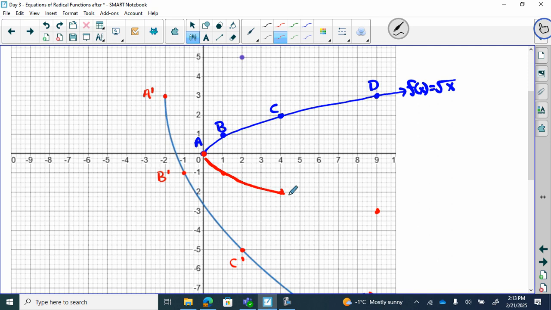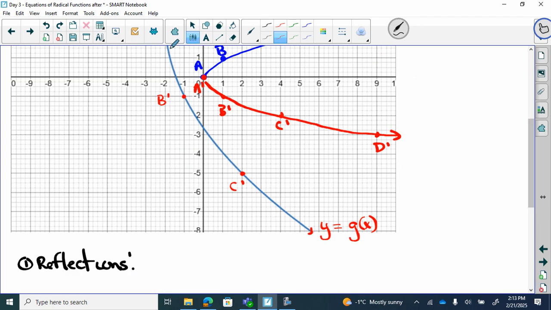Now, just have a look at the transformed curve. So A prime, B prime, C prime, and D prime. Does it look kind of like that? Does my transformed curve point down and to the right? Yes, it does. So you were correct in saying it was reflected in the x-axis.